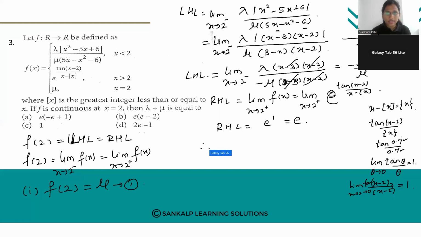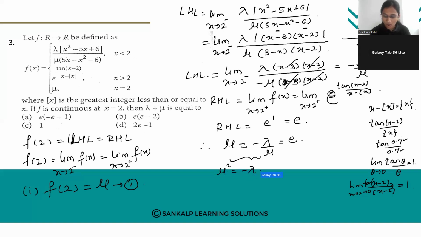Now since it is a continuous function, from equation 1, mu equals the left hand limit, which is equal to the right hand limit. Is it correct? So from this, one relation I can write is that mu squared is equal to minus lambda.